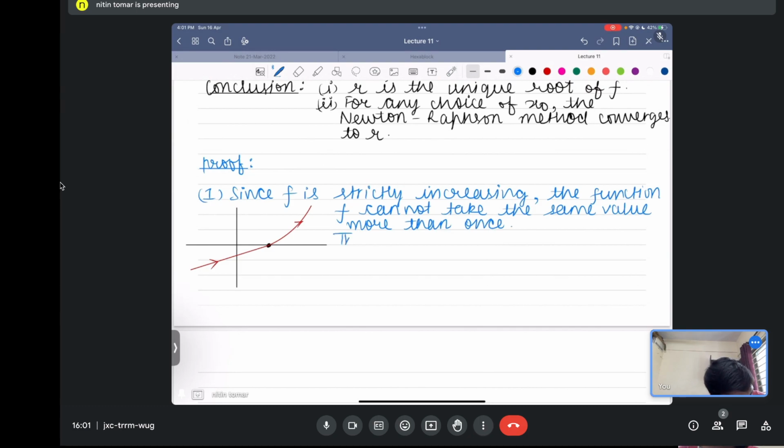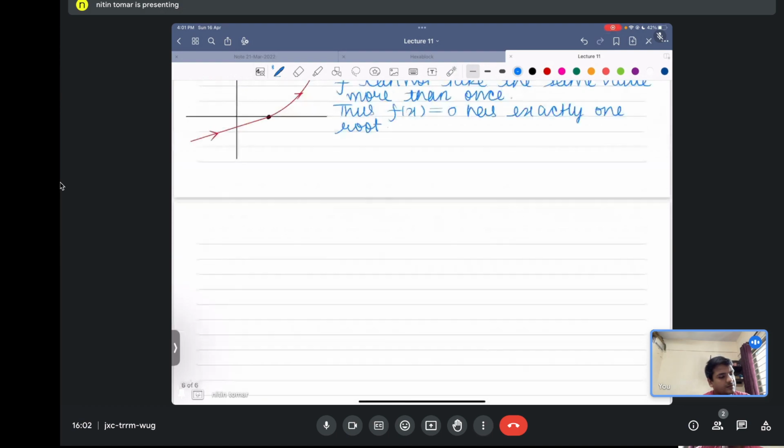So thus f of x equals 0 has exactly one root. So this was the proof of 1.